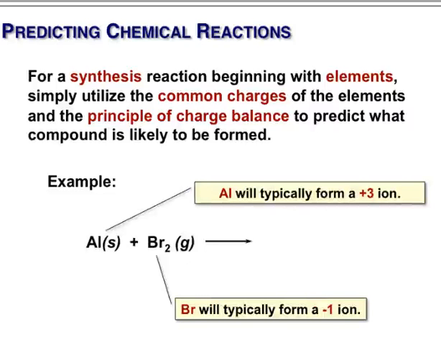It's group 3. We know that bromine, group 7, a halogen, is going to form a -1 ion. And so if you had to give your best guess as to what would happen here, you would say we're going to pair the aluminum with the bromine and make AlBr3.